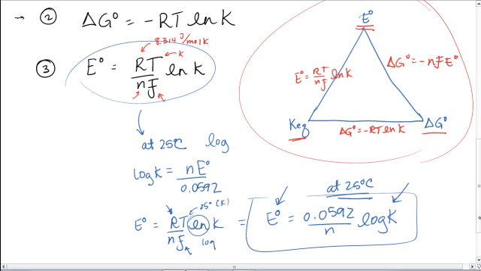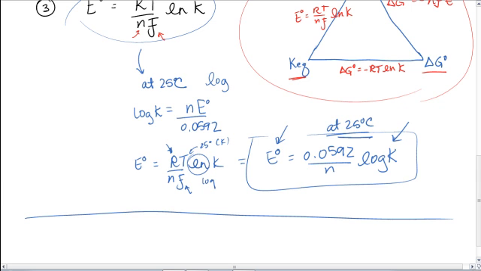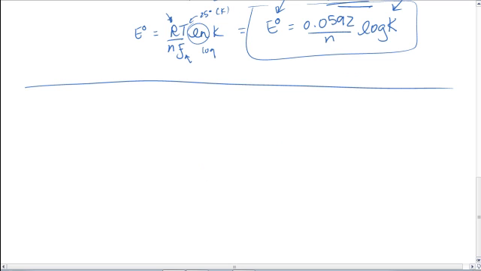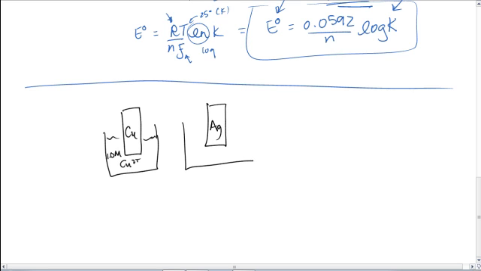So let's do a quick problem to go along with some of these equations. So I'm going to draw a battery up here. Let's say we got a piece of copper in a copper ion solution, but it's going to be at standard conditions, so 1 molar copper ion. And a piece of silver in a 1 molar silver ion solution.